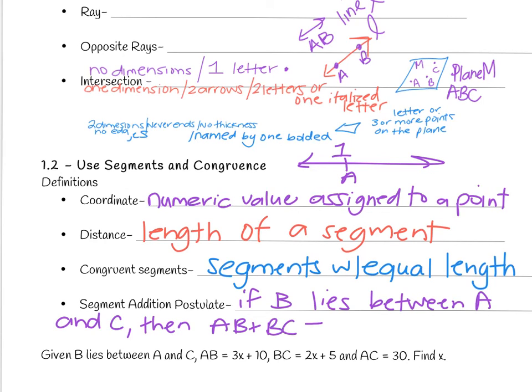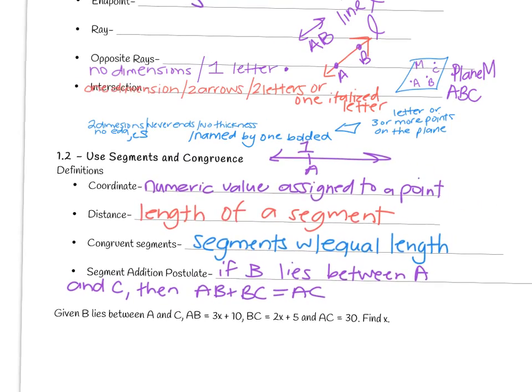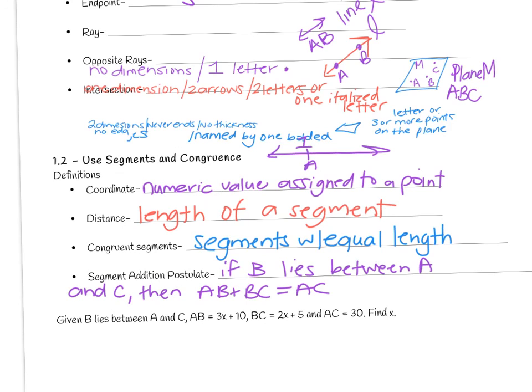And then the segment addition postulate said if B lies between A and C, then AB plus BC equals AC. Does that mean that B is the midpoint? No, it just means the two would add up to give you the whole, okay?